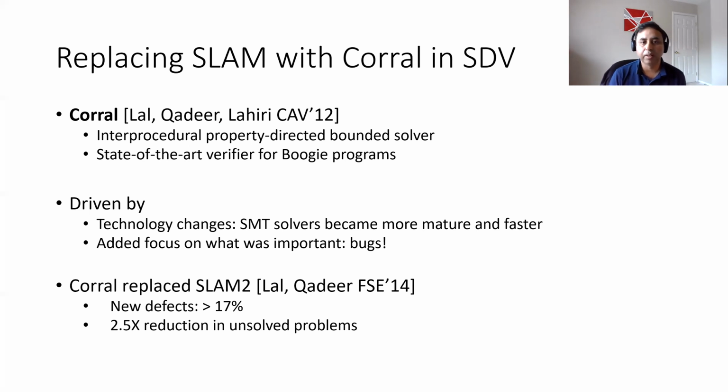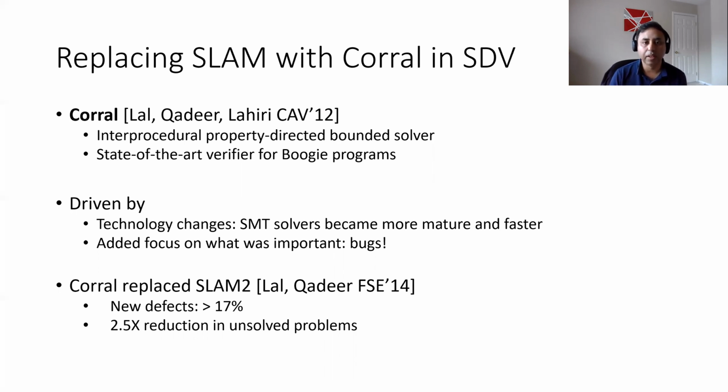So Corral, as opposed to SLAM, SLAM was driven more by proofs. Corral was driven primarily to find bugs because of the bounded nature, and it leveraged SMT solvers as they became more and more mature and faster. So it led to a lot more defects, and a lot more problems could be solved using Corral.